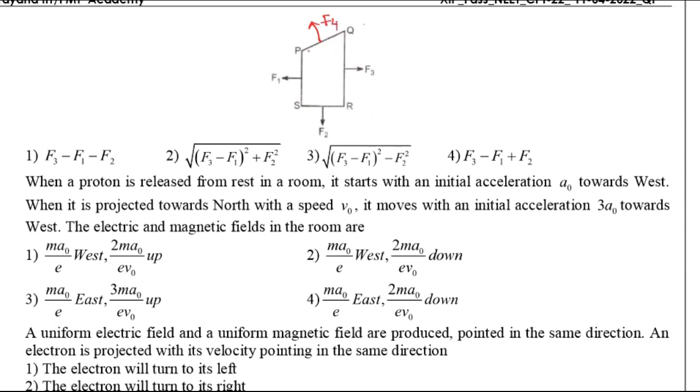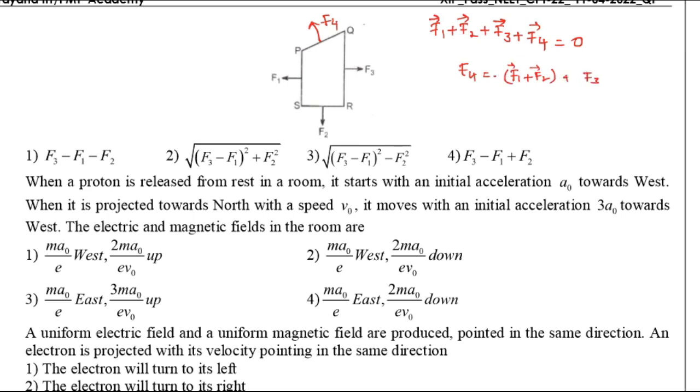Now we know that the sum of all the forces in a loop is equal to 0. So F1 plus F2 plus F3 plus F4 is equal to 0. These are vectors, so we have to add them vectorially. So F4 is equal to F1 plus F2 plus F3, acting in the opposite direction.